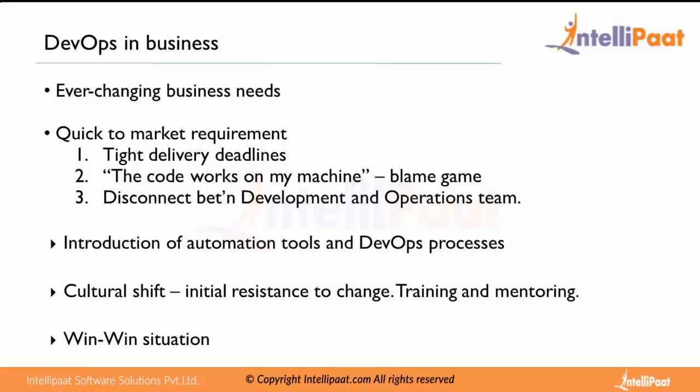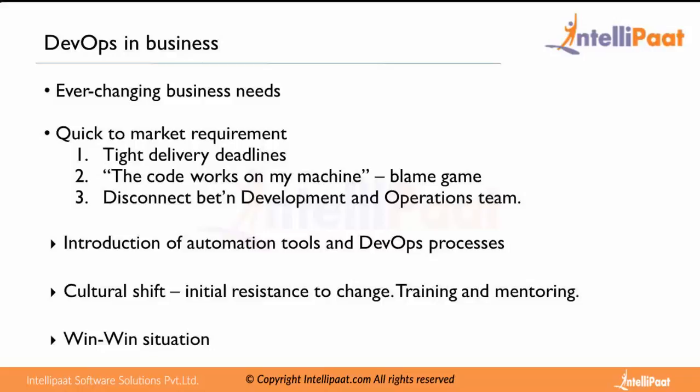So the best way to achieve this is by using tools like these. Once these processes are automated, some of the dev tasks can also be taken up by the operations team. Okay, once we have these things automated, other benefits come into the picture.